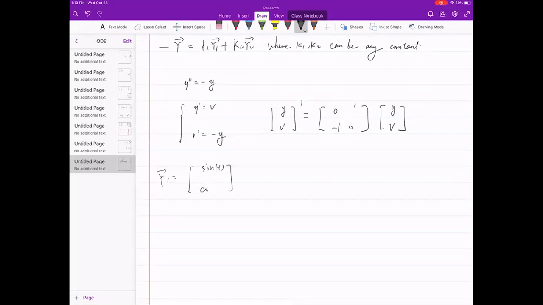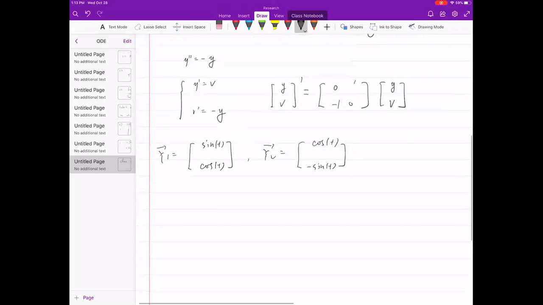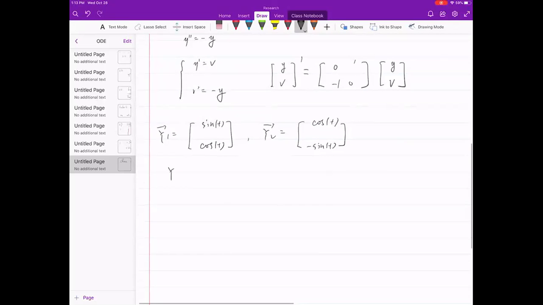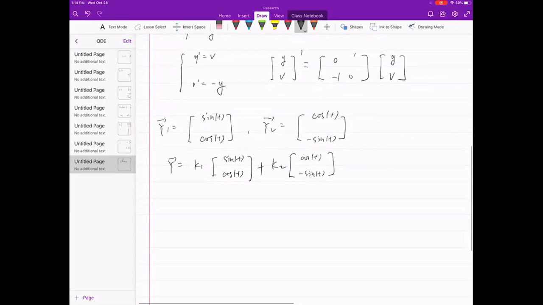We basically just did it by guessing. Once we have this, all possible solutions are k1 times one plus k2 times the other.